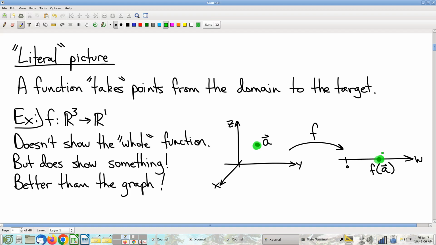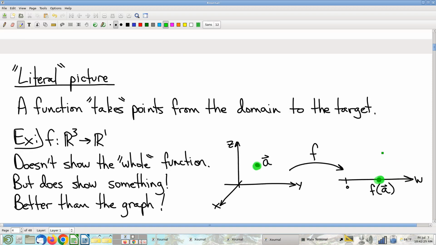But what am I going to do? Sit here and draw every possible input and its corresponding output? I'm going to run out of colors for one thing. If I don't use colors, I can't tell which one's going where. This seems pretty bad. And it is pretty bad, frankly.